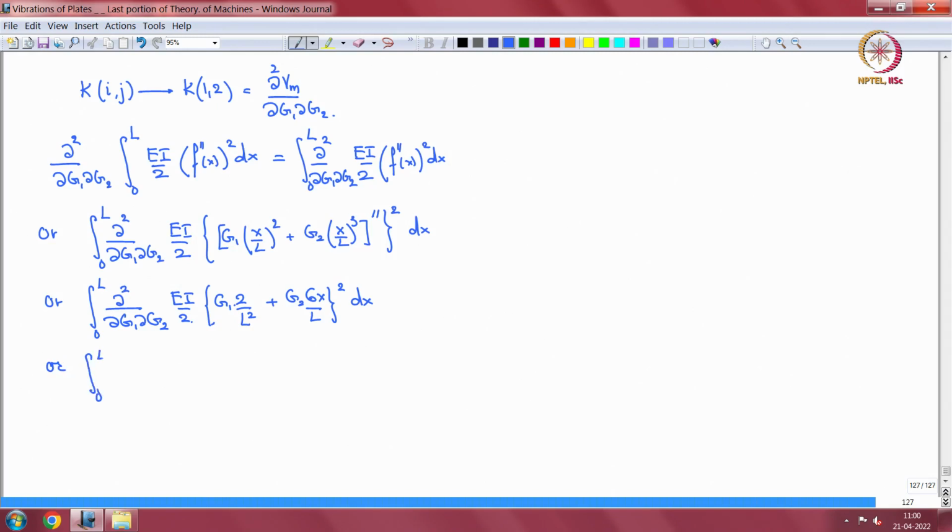Okay, so this ends up as integral 0 to L del 2 by del G1 del G2 EI by 2 into 4 G1 square by L fourth plus 24 G1 G2 x by L cube, okay, not L, something got missed, this is L cube, so this is L5.